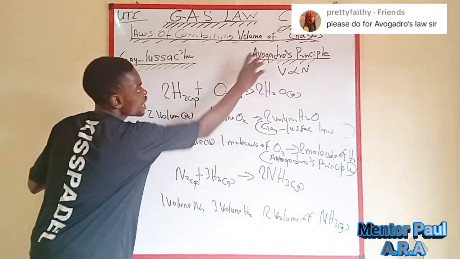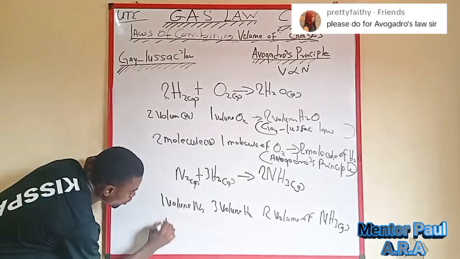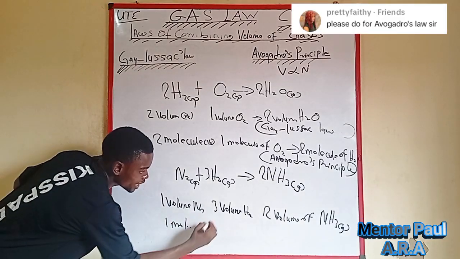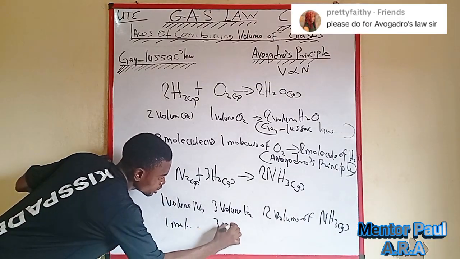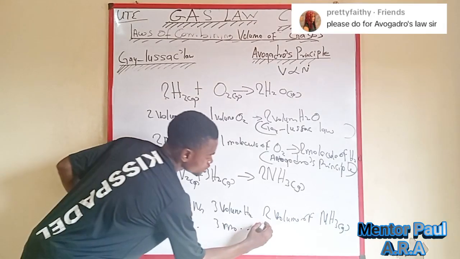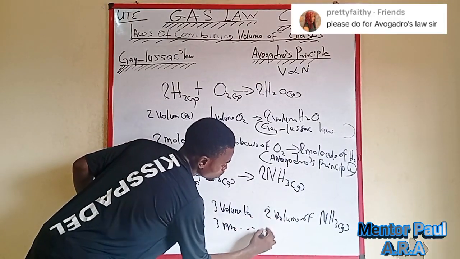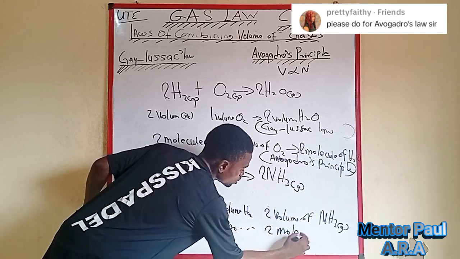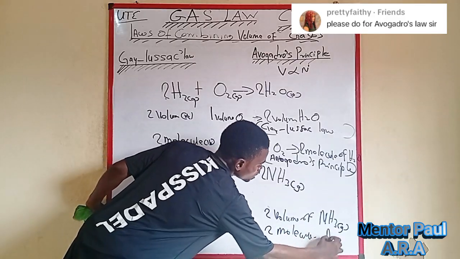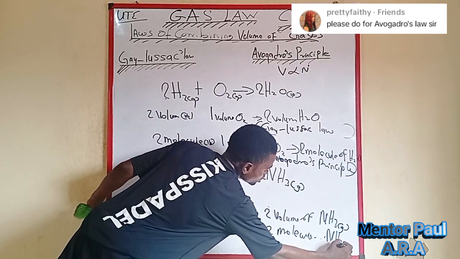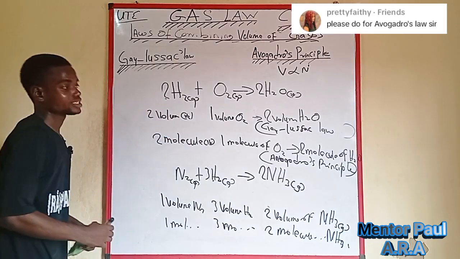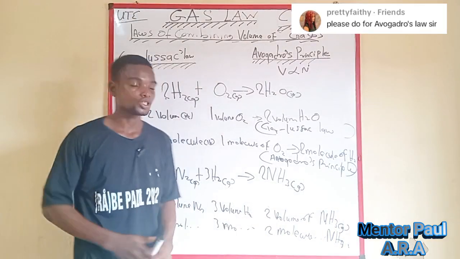According also to this reaction, we can say that this one is summed up to Gay-Lussac, and here for Avogadro it will now become 1 molecule of N2 reacting with 3 molecules of H2 to give us 2 molecules of NH3. All right. Now let's look at chemical calculation.